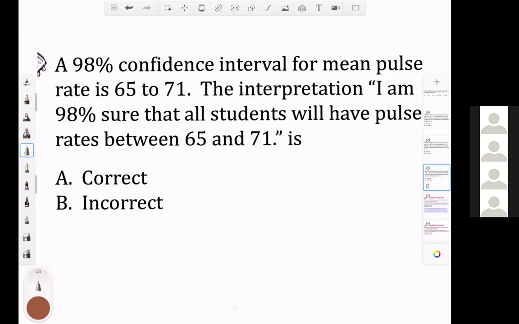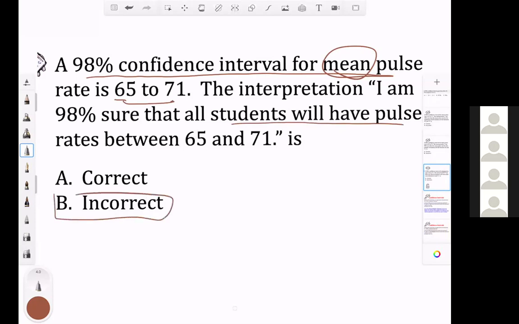So again, the interpretation: a 98% confidence interval for a mean pulse rate is 65 to 70. Average. The interpretation: I am 98% sure that all students will have pulse rates between. No, it is incorrect. This is talking about the mean, not individuals.